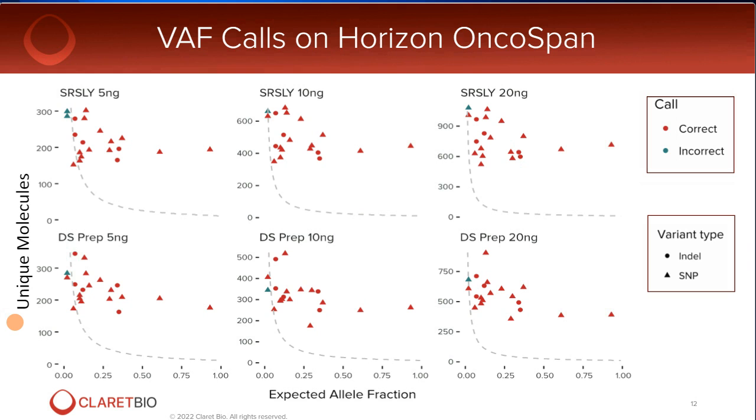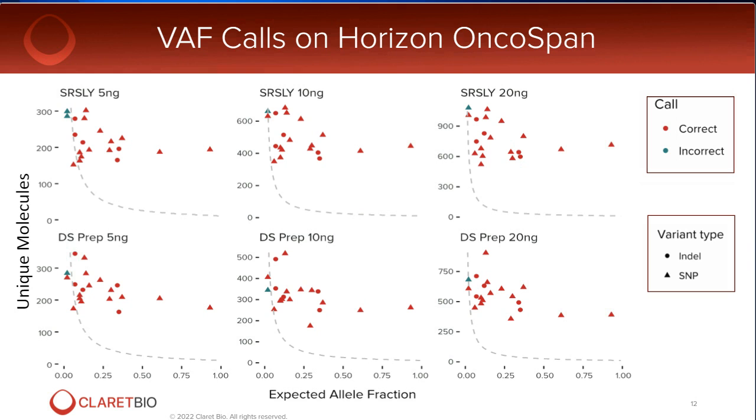And the final thing to mention is this funky asymptotic dotted line going across each of the 6 figures here is the number of unique molecules required to have 80% power to get 10 reads of the alternate allele.